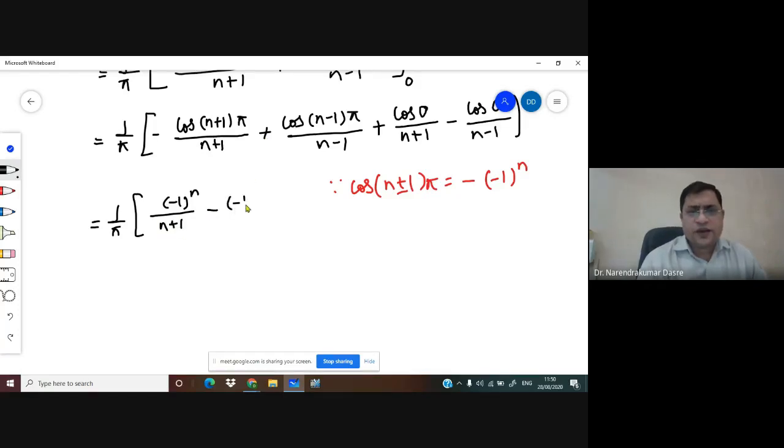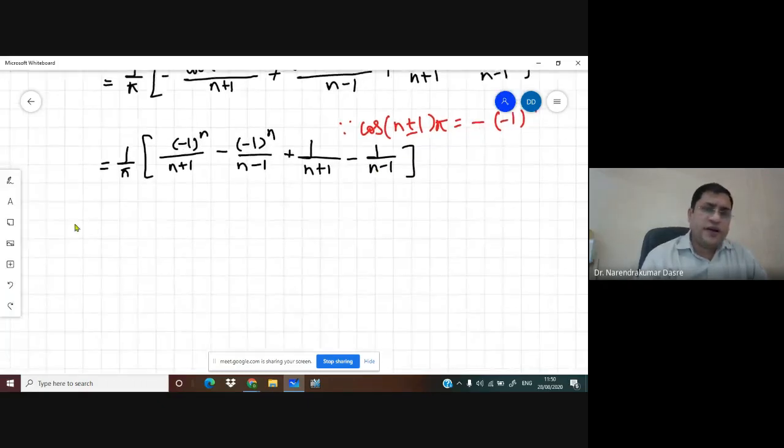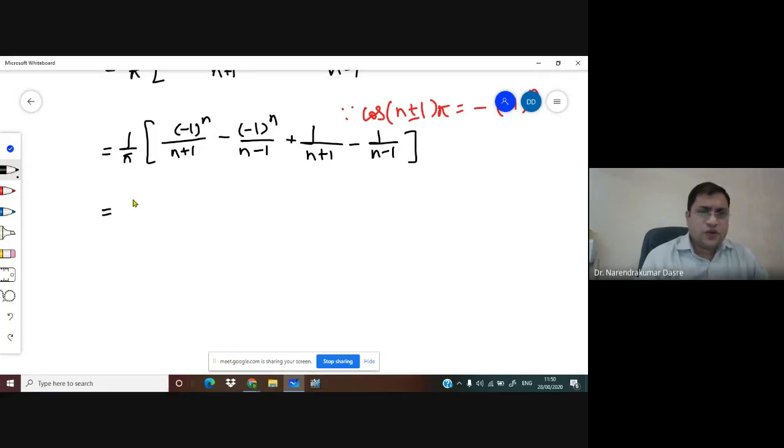Then this will be minus 1 raised to n upon n minus 1, plus this is 1 upon n plus 1, and this term is minus 1 upon n minus 1. Now let us simplify this. So we have 1 by pi. This term and this term we can write together.